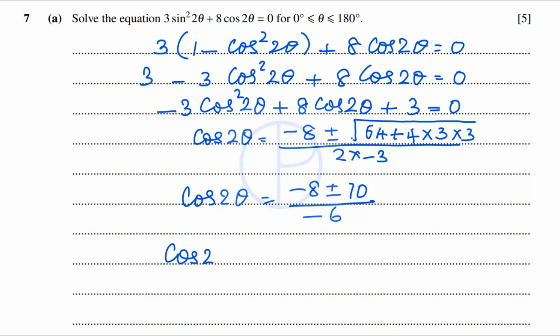So cos 2 theta is equal to minus 8 minus 10. It will be minus 18. Minus 18 divided by minus 6 will be 3. Or cos 2 theta equal to minus 8 plus 10. So 2. 2 divided by negative 6 will be minus 1 over 3.